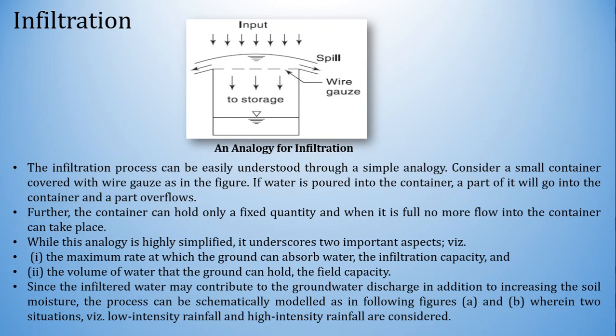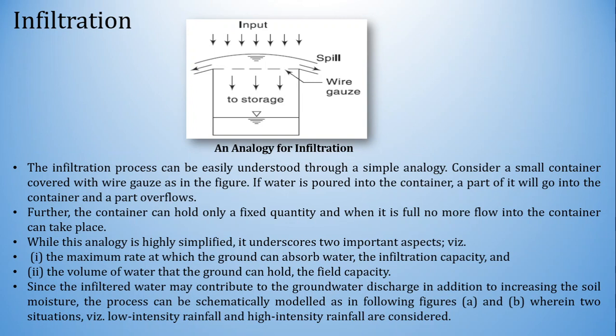The infiltration process can be easily understood through a simple analogy. Consider a small container covered with wire gauge as shown in the figure. If water is poured into the container, a part of it will go into the container and a part overflows. Further, the container can hold only a fixed quantity, and when it is full, no more flow into the container can take place.